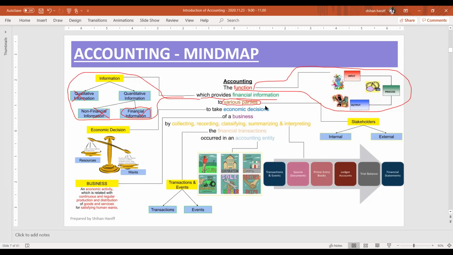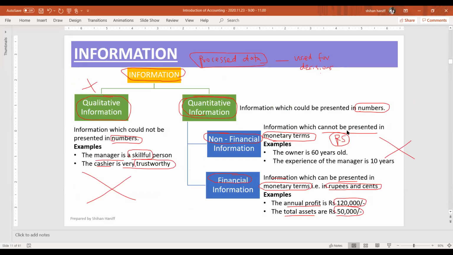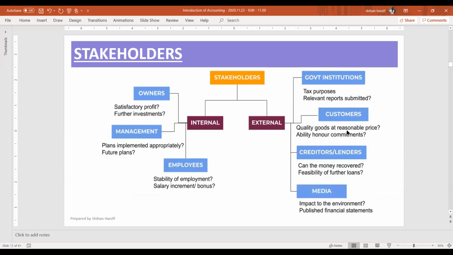In accounting, there is a term: stakeholders. In accounting, we call them stakeholders. Stakeholders means users who use the accounting information. So let's see who these stakeholders are.